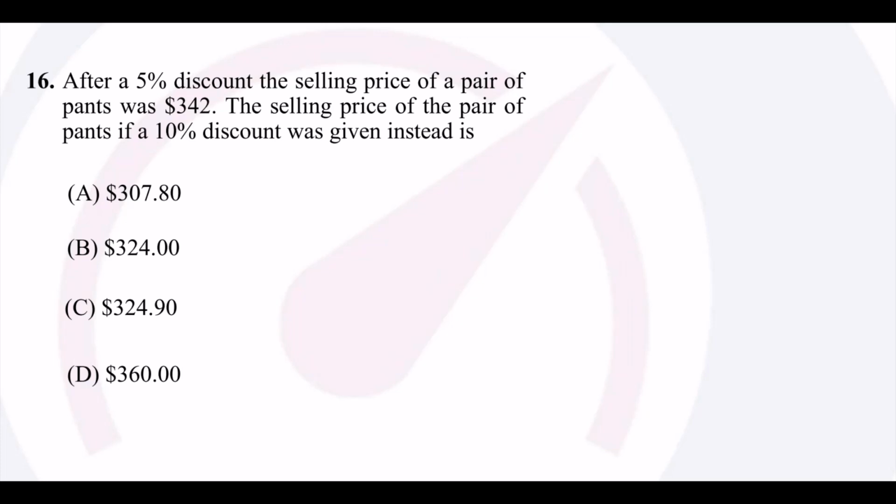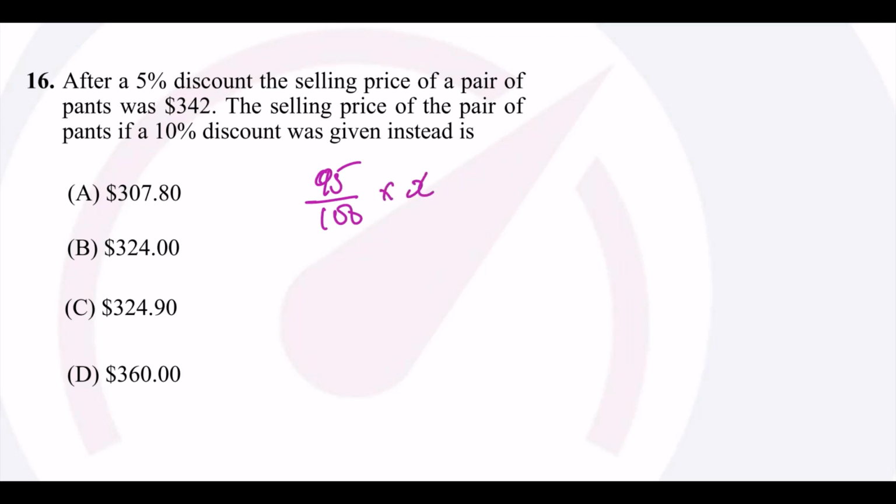Alright, now I normally like to work from an algebraic mindset. Like algebra is like core for everything. So after 5% discount, the selling price of a pair of pants is 342. So that's a 95%. 5% discount, so 5% from the whole gives me 95% of some number.